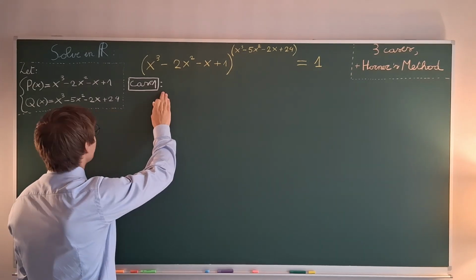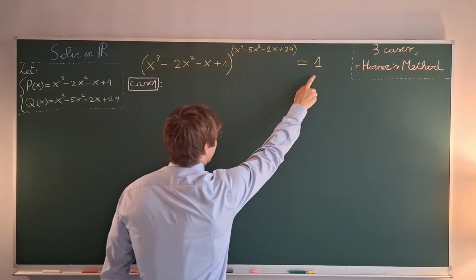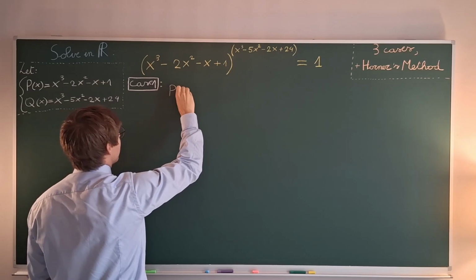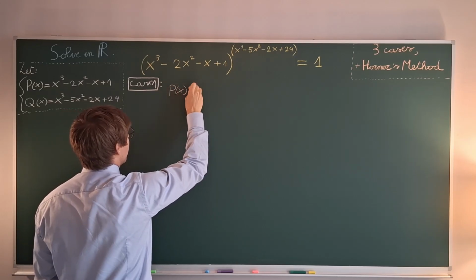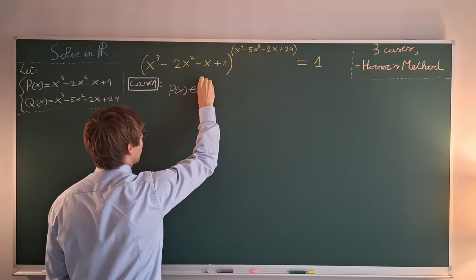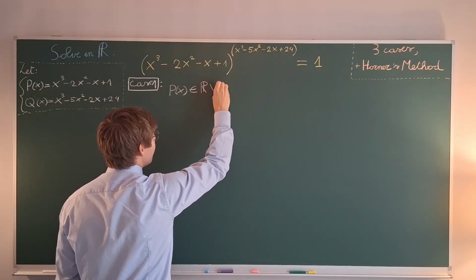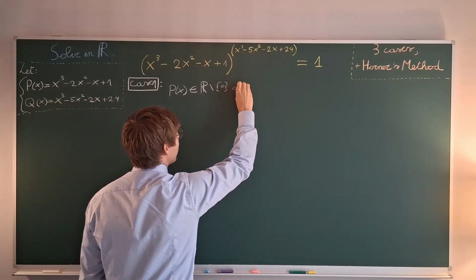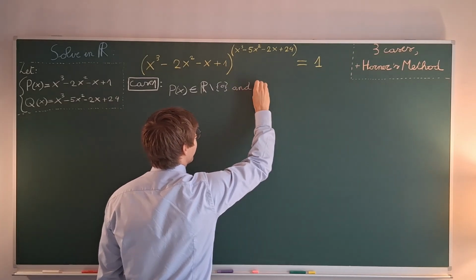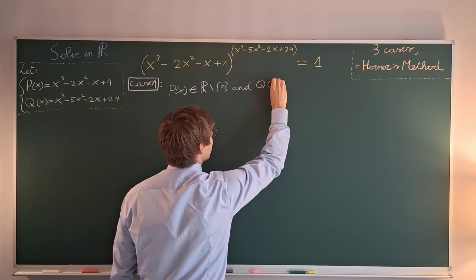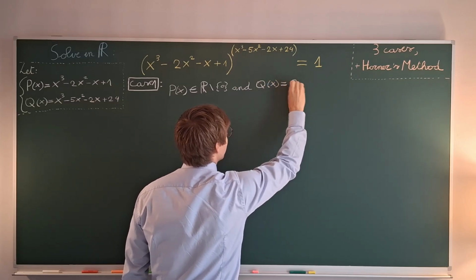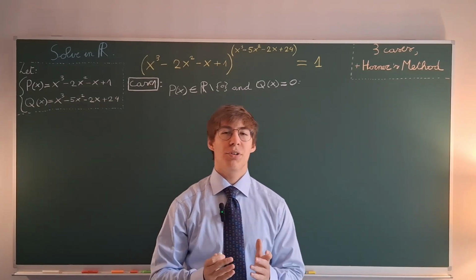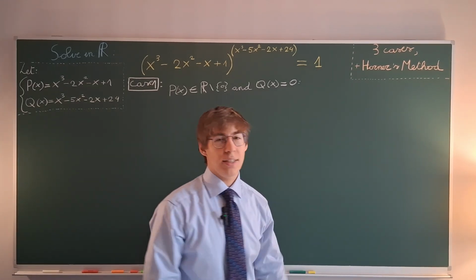So in case 1, this becomes 1 if p of x is just an element of R without 0, and q of x is equal to 0. Since if an exponent is 0 and the base is just a real number, the result will be exactly 1.